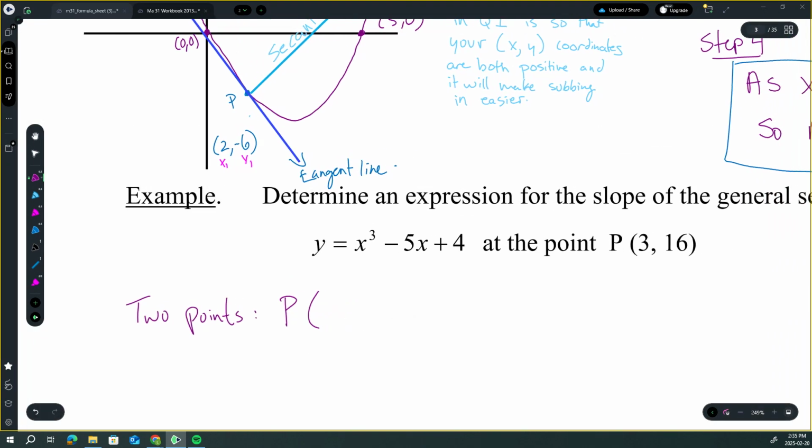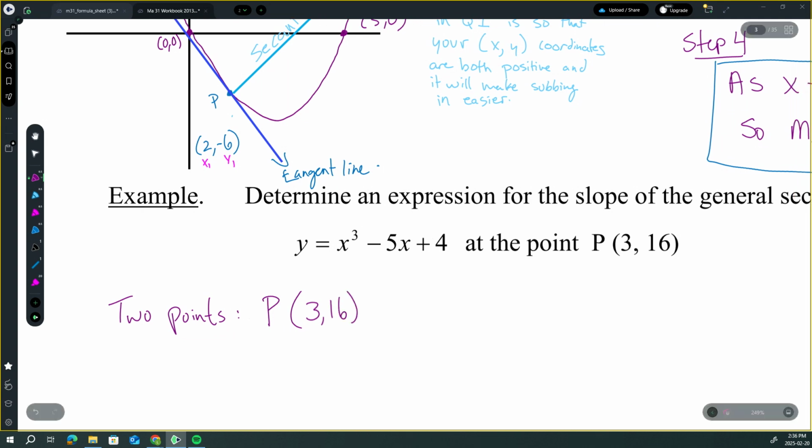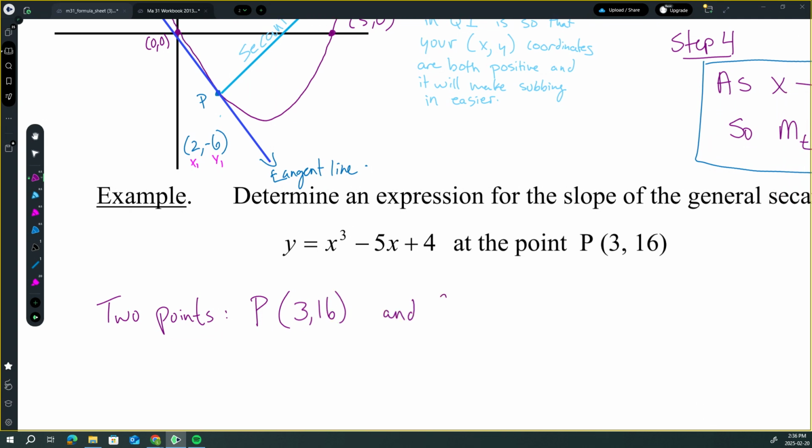P, which this question says is at (3, 16). And Q, which this question says is on the equation y is equal to x cubed minus 5x plus 4.